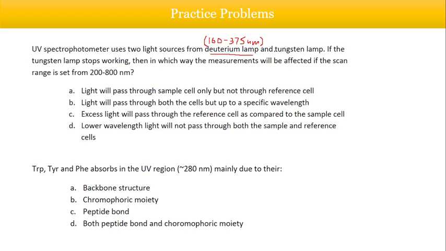And the tungsten lamp falls under the visible light source, so it will fall in the range of 350 to 800 nanometer. Now the question says that if the tungsten lamp stops working, in which way would the measurements be affected if the scan is set from the range of 200 to 800?